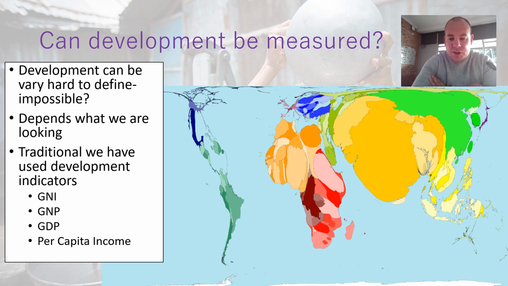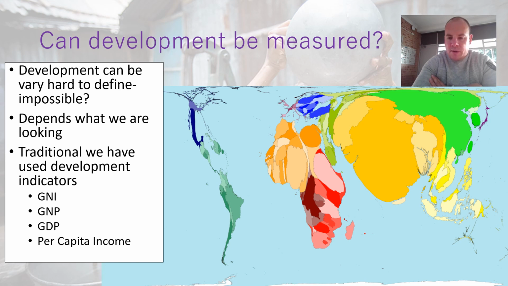So traditionally, when we've looked at development, we've looked at GNI, which is gross national income, GNP, which is gross national product, GDP, which is gross domestic product, and per capita income as well. These are figures, and they're normally in US dollars, because that's the currency of the world, and basically they tell us the wealth of a country, and that's great if we're looking at economic development.